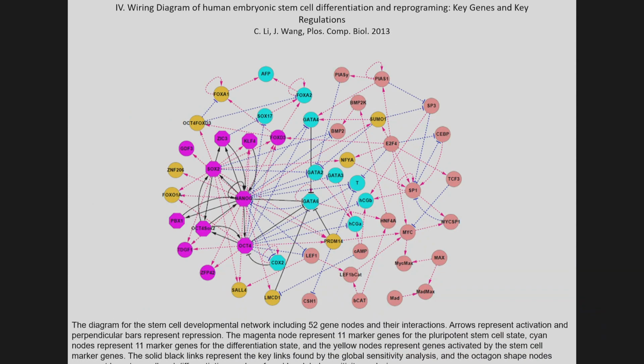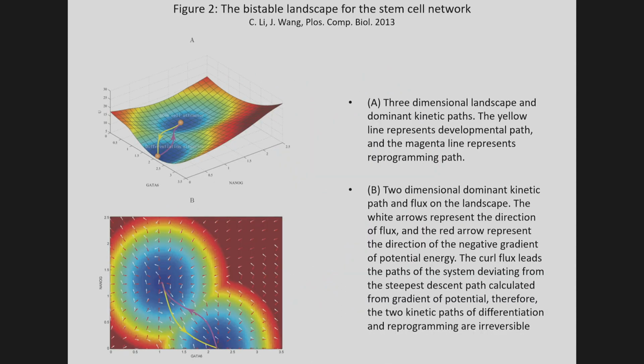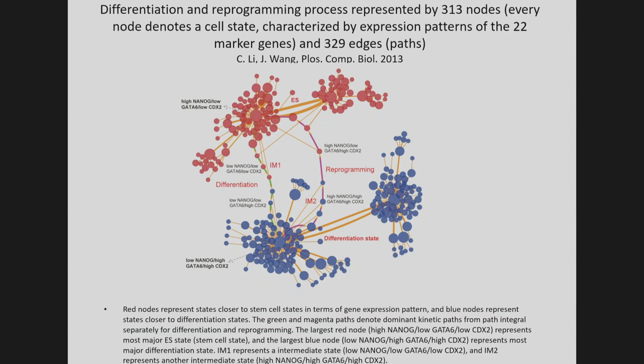Yeah. We also looked at some more realistic networks of cell differentiation and development, and we found this picture also, essentially the landscape of the primary stem cell differentiating to the differentiated cell. We can identify two paths. One corresponds to the differentiation path, which is this one, and the other corresponds to the reprogramming path.